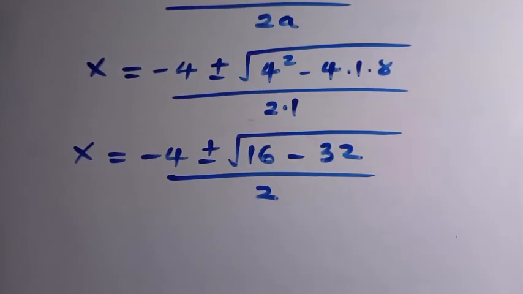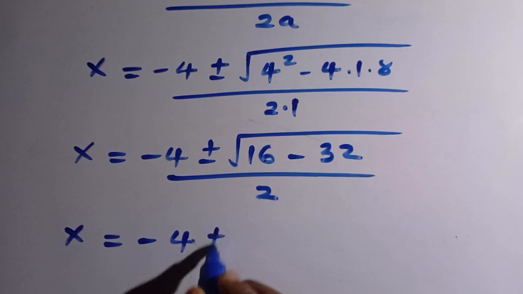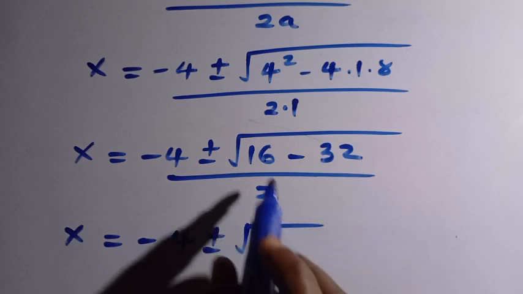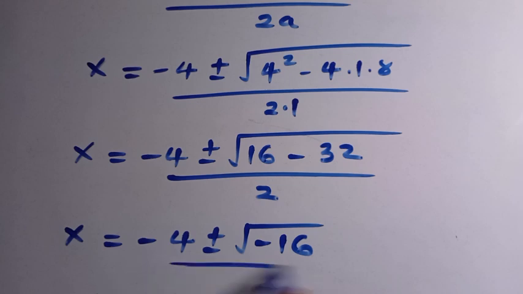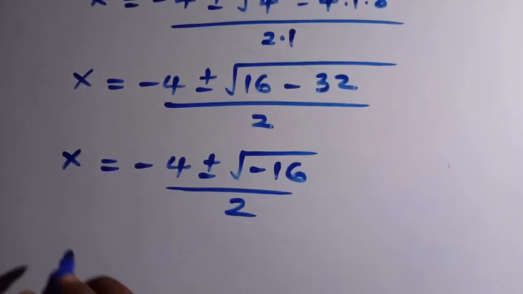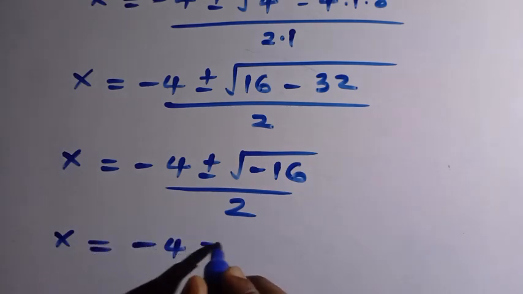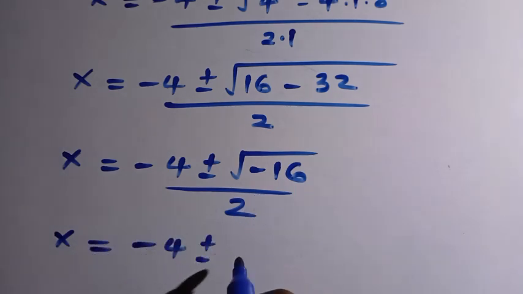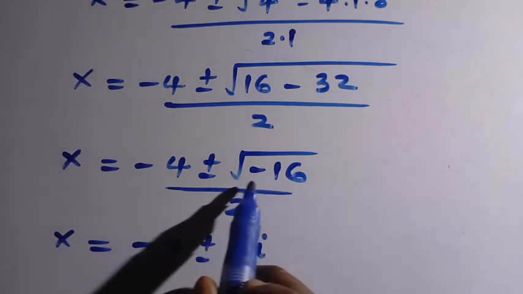And then x equals minus 4 plus or minus the square root of 16 minus 32, we have it as minus 16, divided by 2. And from here we have x equals minus 4 plus or minus the square root of minus 16, that is 4i, because there is a negative in this.